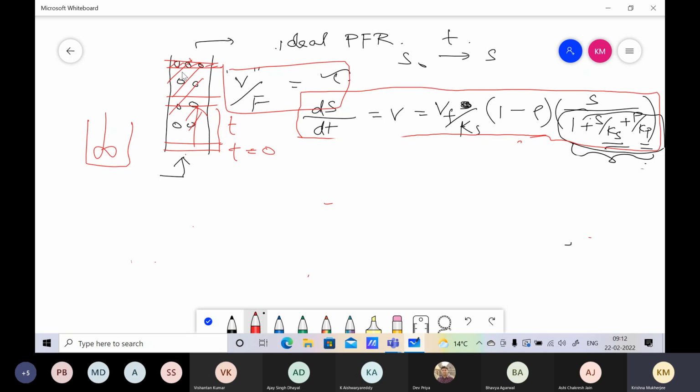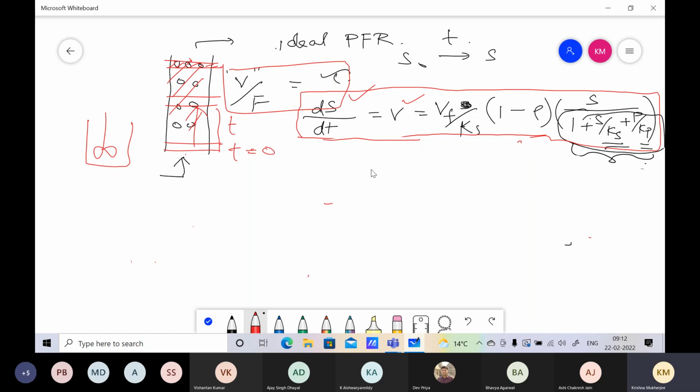So effectively, whatever you do, finally you have to end up with this equation: dS by dt is equal to v, and v is now changing, and because of my silly error, I have made this integration slightly more irritating.